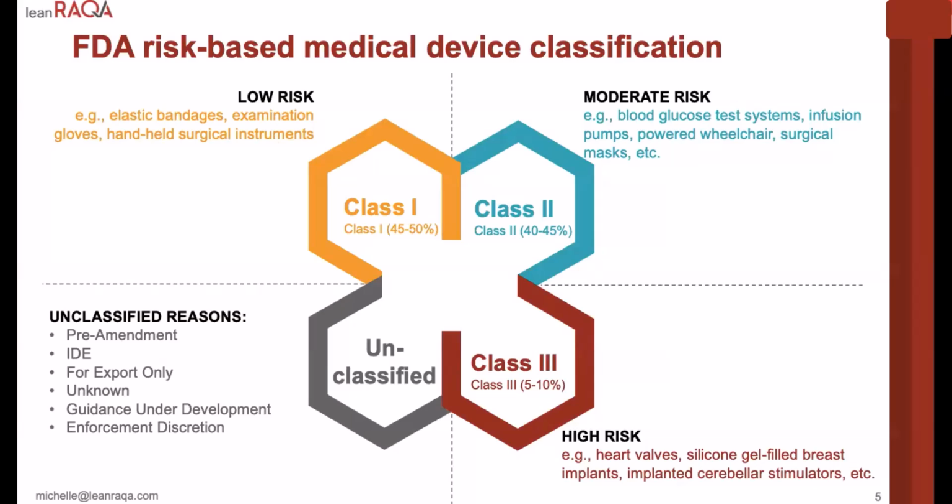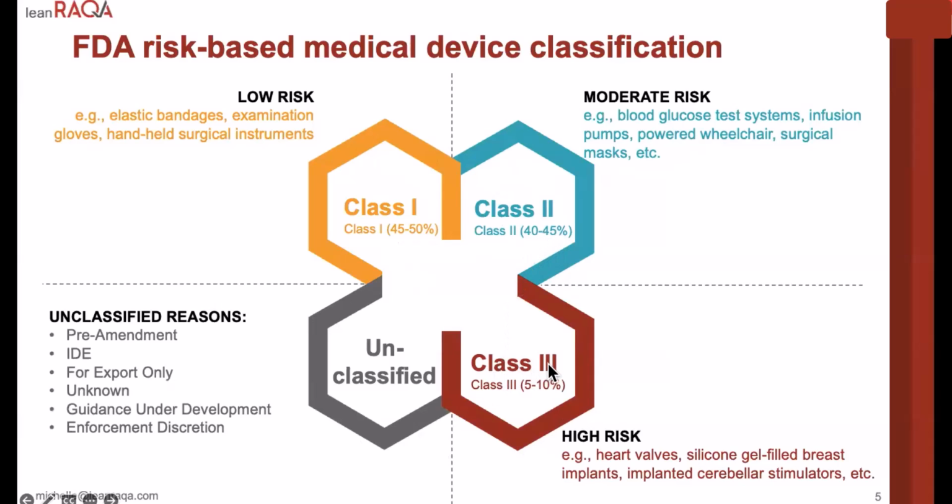So the FDA risk-based medical device classification is broken into 3 primary classifications with one kind of ancillary set of products. So it's in general class 1, 2, and 3. Class 1 makes up 45 to 50% of the market. Class 2, another 40 to 45%.